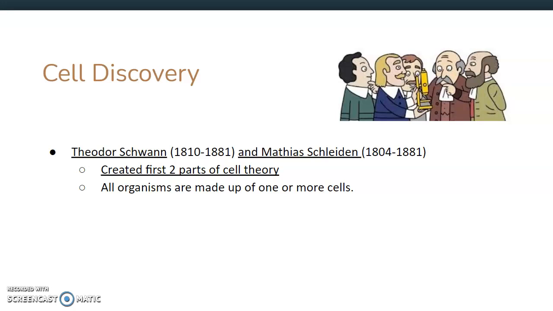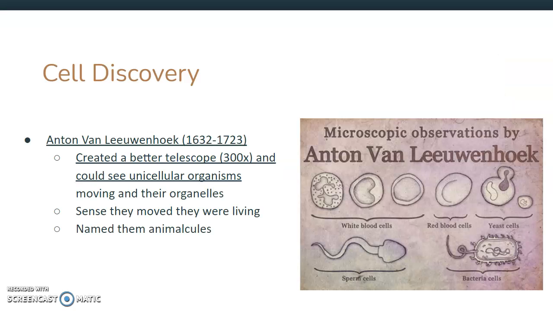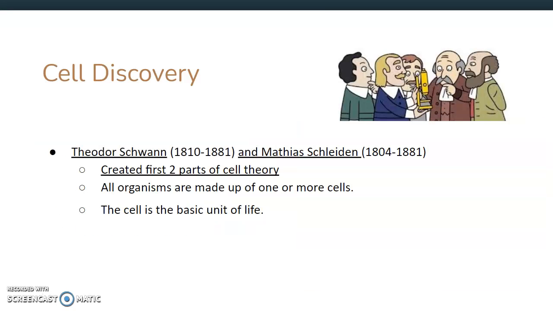So they said that all organisms are made up of one or more cells, and the cell is the most basic unit of life. After reading and looking at the work of these two gentlemen, they agreed that there had to be some common trend or some similar things throughout.